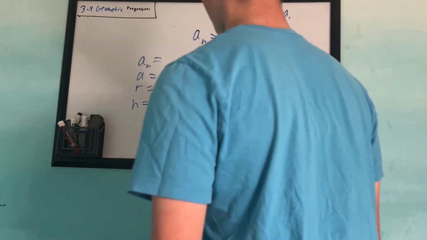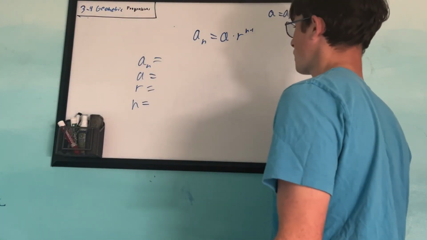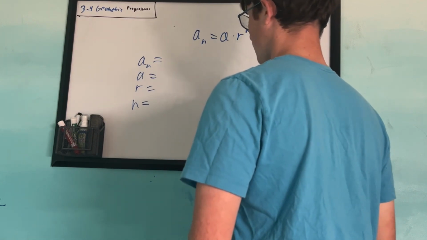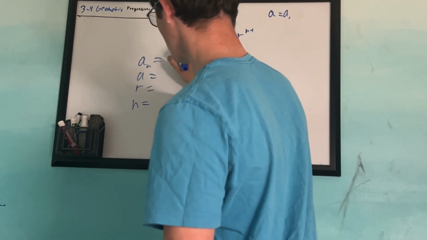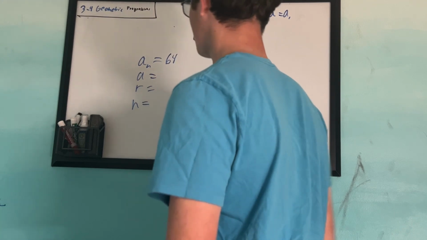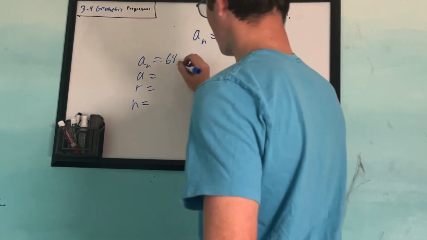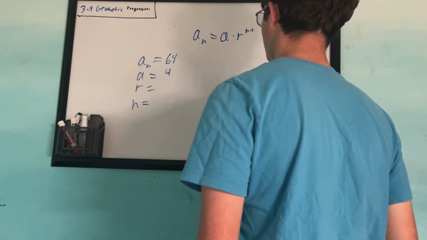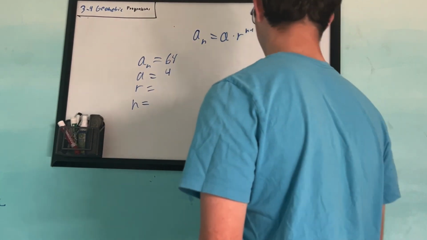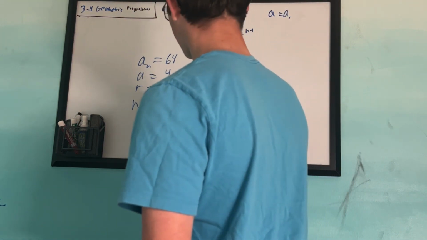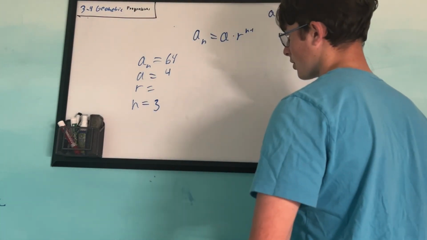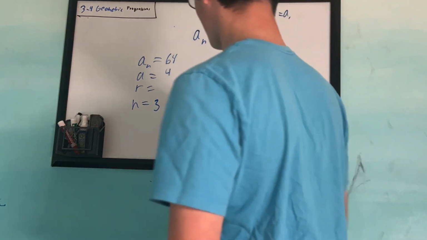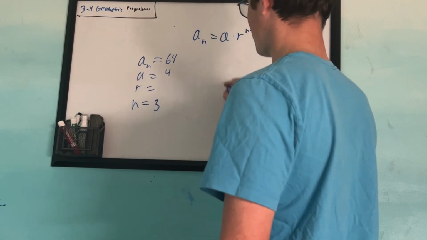So let's say we're trying to figure out what the common ratio is. We have a sub n equals 64, a equals 4, and we'll say n equals 3. So this is our third term in our geometric series, starting with 4, ending with 64. What's the common ratio? Well, we can plug this in.